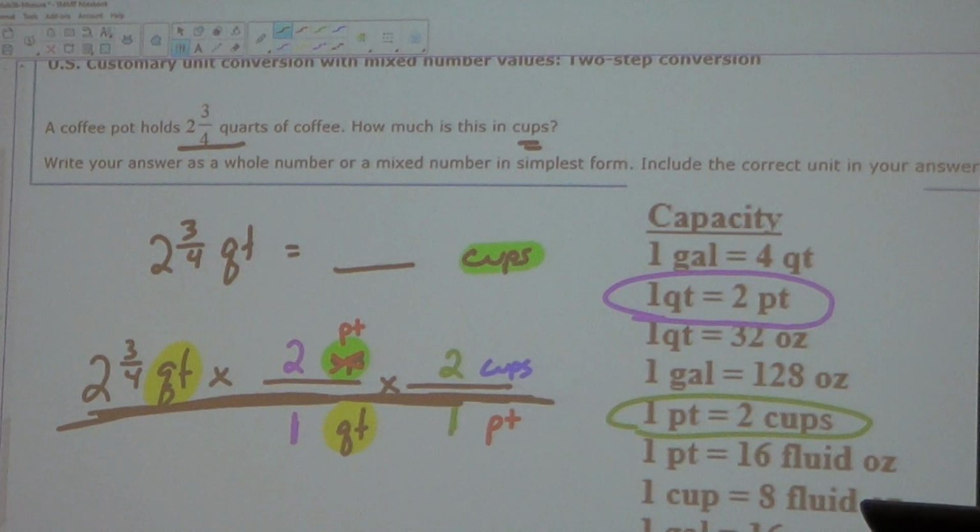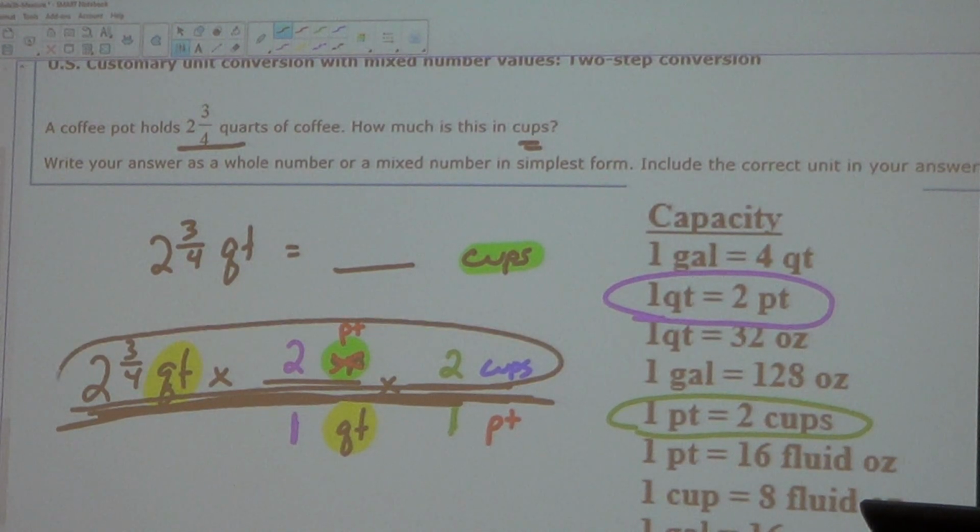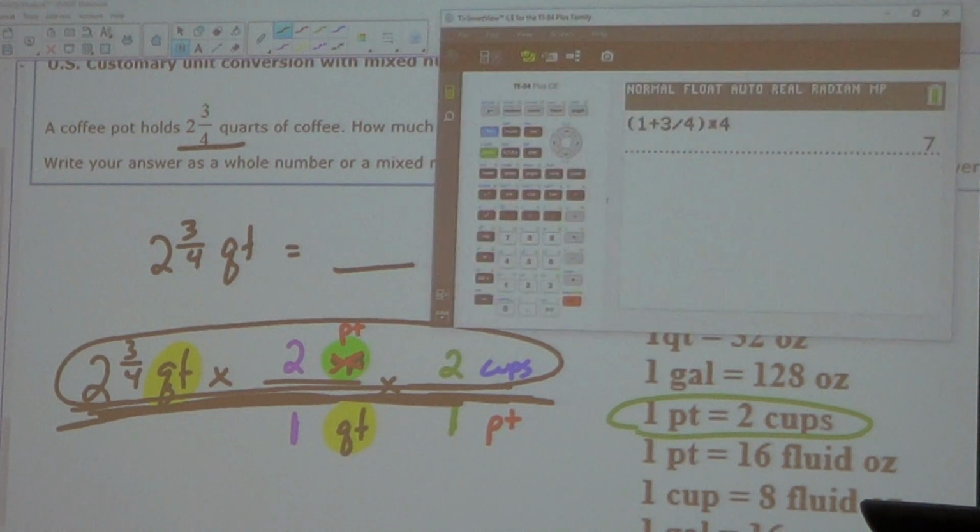Is this a multiplication or a division problem? This is a multiplication problem because all my numbers are upstairs. So I go to my calculator, making sure that I wrap up my mixed number, whole number plus fraction wrapped up, times 2 times 2.